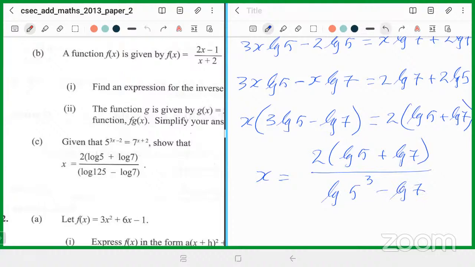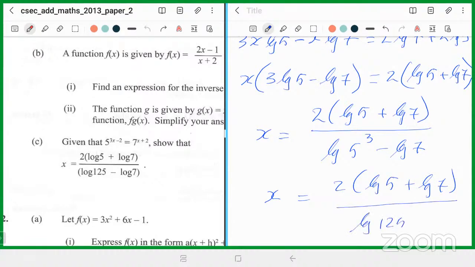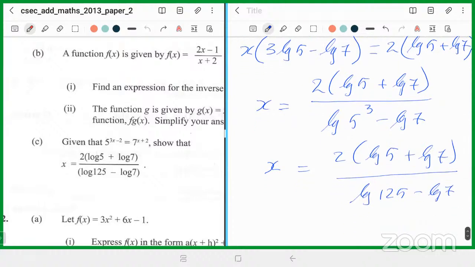Log of 5 cubed is 125. And so it becomes equal to 2 log 5 plus log 7 divided by the log of 125 minus the log of 7. And all I have done is put that in some brackets, which is not really necessary, but that is it. Shown. That was shown.